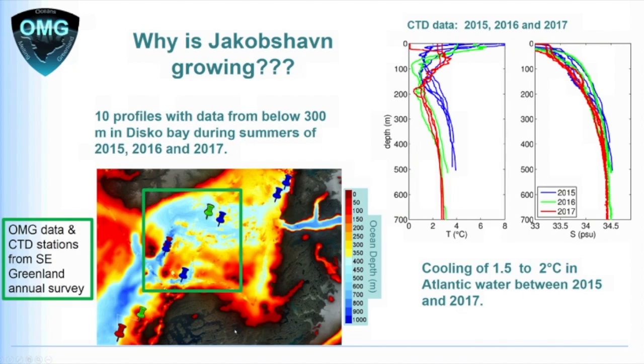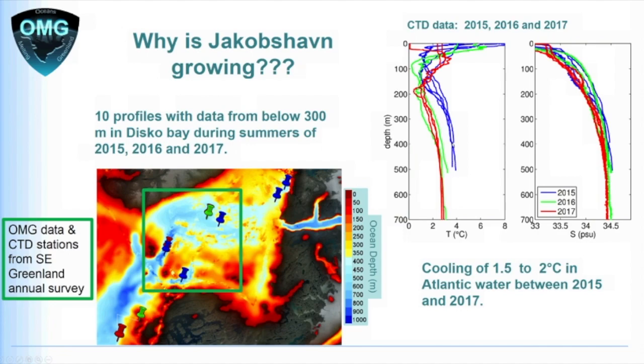that, in fact, the water in Disco Bay, which spills over into this fjord and bathes the face of the glacier, has actually cooled between 2015 and 2017 pretty significantly, by 1.5 degrees. And we've looked at this signal in Disco Bay, but also upstream in a variety of places and in a variety of different data sets, and it's fairly robust.